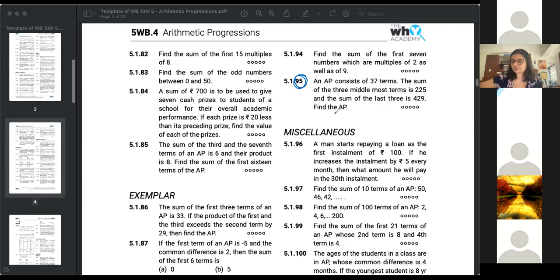Ma'am, is it like the 37 middlemost terms will be almost half of it? Yes, I mean there are 37 terms. So in the whole list of 37, the three middlemost terms. Like if there are 9, then the terms 4, 5, 6 are the middlemost terms. So for 37, figure out which are the middlemost terms. Close to half of it, yes.